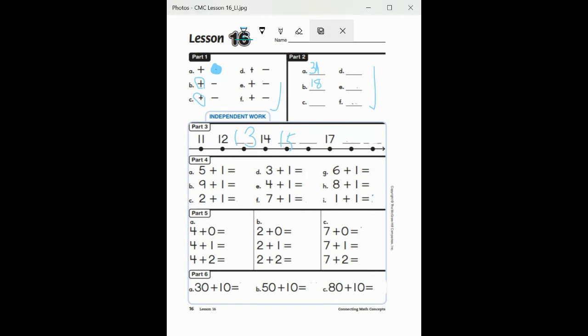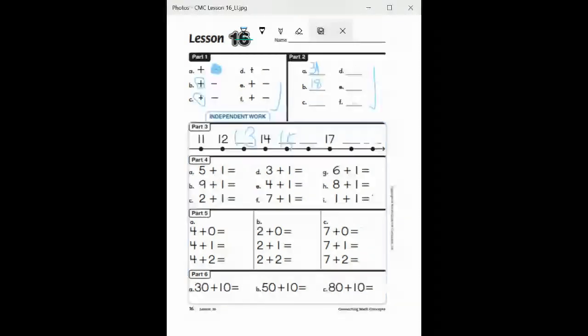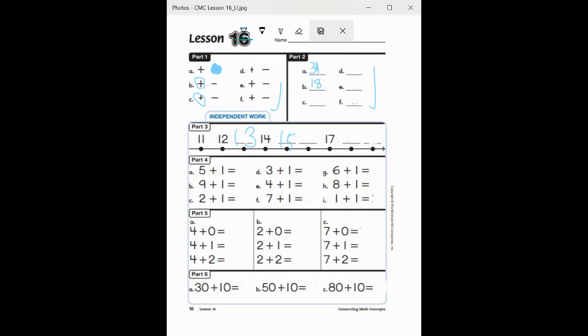Part 4. These problems are plus 1. Later, you'll write the answers to all of the problems. Find part 5 on your workbook page. Each problem has plus 0, plus 1, and plus 2 problems.